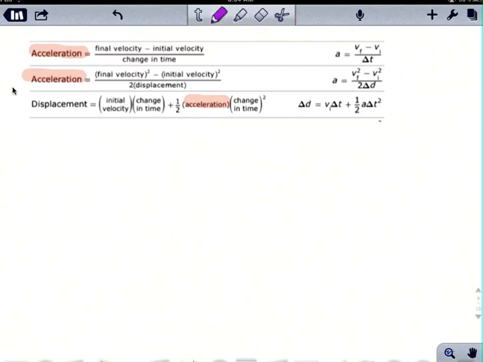Looking at our equations, the main thing that we need to know is how to solve for everything. Looking at this, we have acceleration equals final velocity minus initial velocity all over the change in time. When we're looking at this, we have to be able to solve for every single variable. One of the things that can be challenging is rearranging everything.